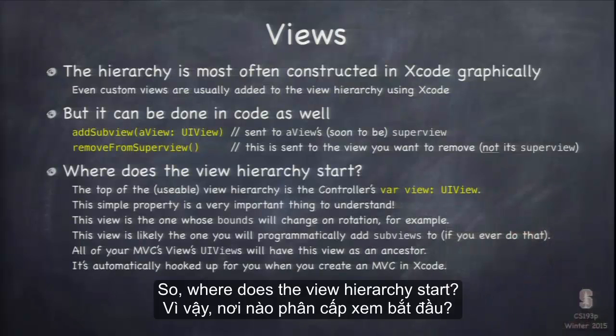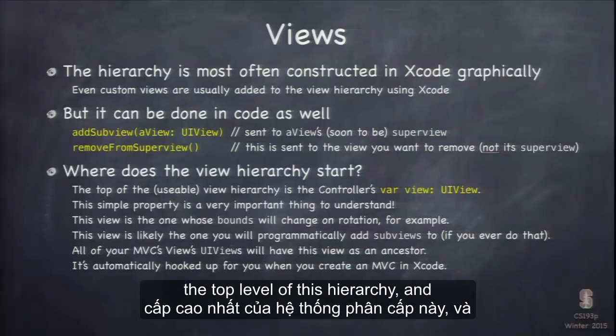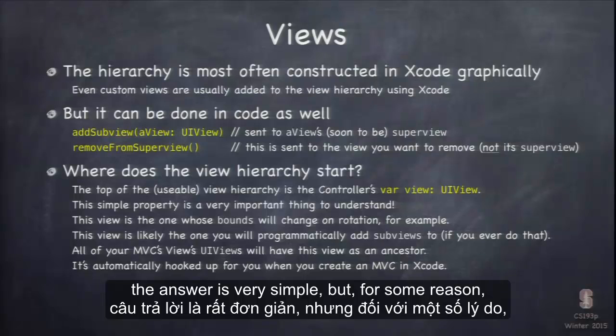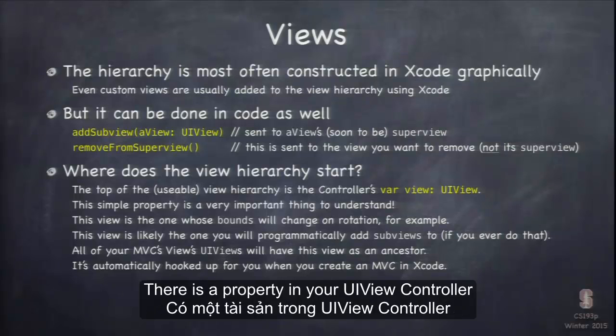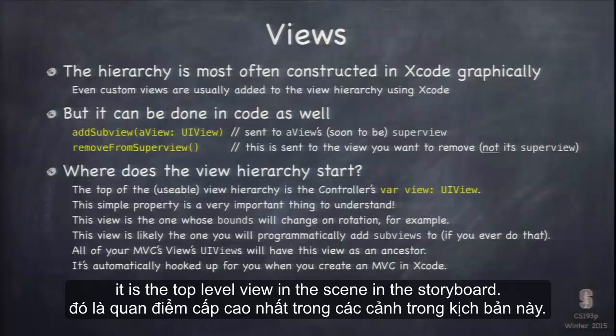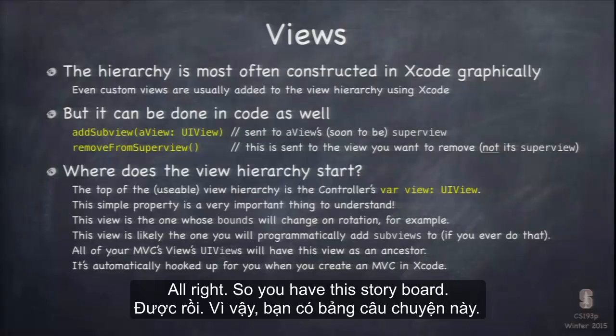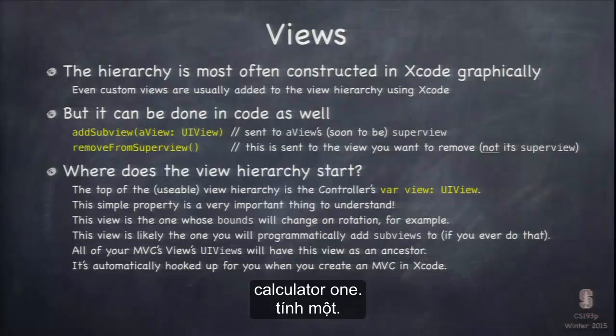All right, so where does the view hierarchy start? Where's kind of the root, the top level of this view hierarchy? And the answer is very simple, but for some reason students have a very difficult time understanding this one. There is a property in your UIViewController called view. And it is the top level view in the scene in the storyboard, right? So you have this storyboard, you've got your scene that we've seen, like your calculator one.